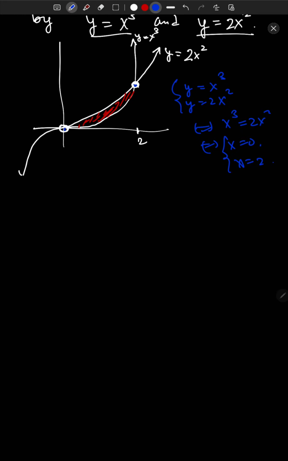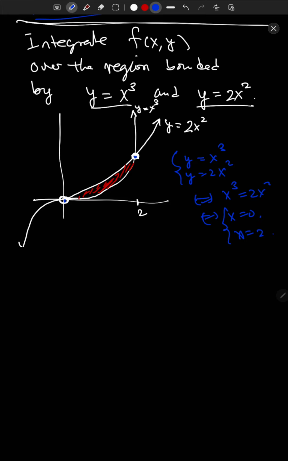Okay, and you have to recognize that, of course, y equals x cubed lives underneath y equals 2x squared over this region to get an accurate picture. And that's certainly true because, for example, x equals 1: x cubed is going to be at 1, and y equals 2x squared is going to be at 2.